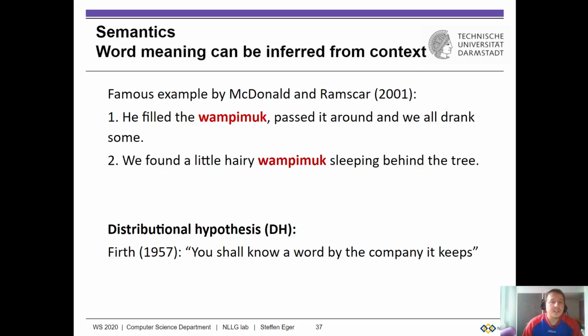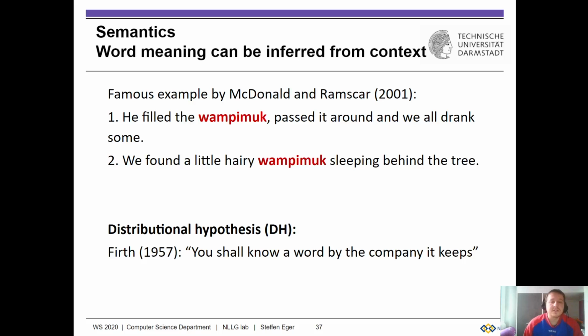There's a definition that you could use for what it means that two words have the same meaning. And this definition could be if they are interchangeable in all possible contexts. So if you can replace one word with the other in all possible contexts, then we could take this as a definition that those two words have the same meaning.